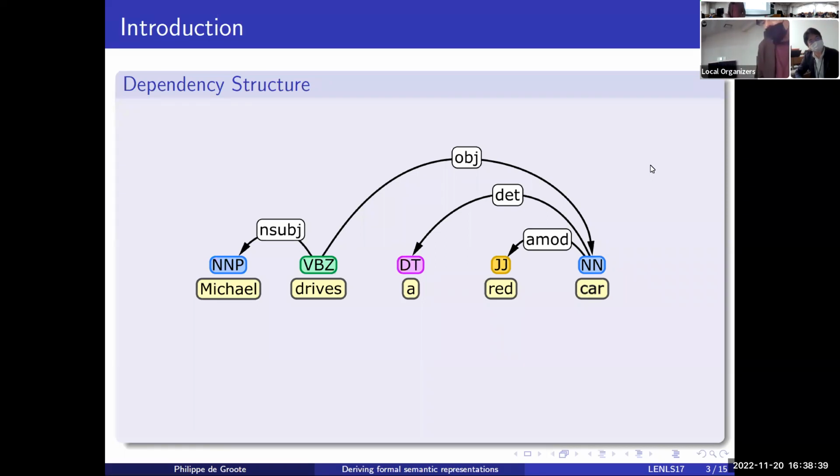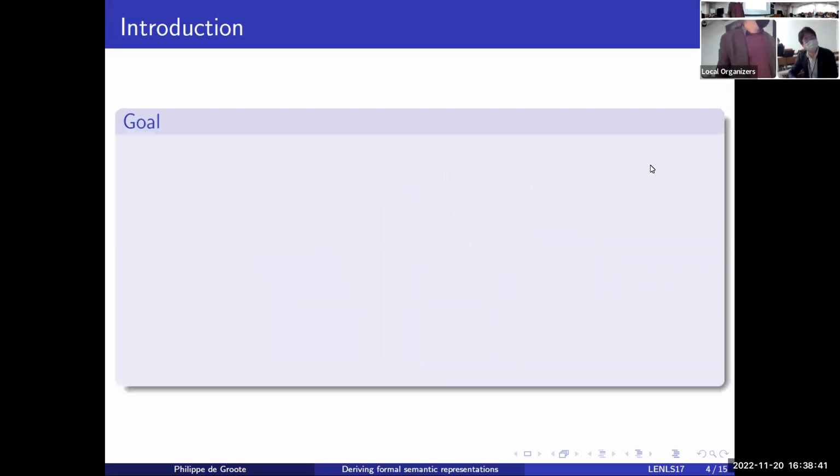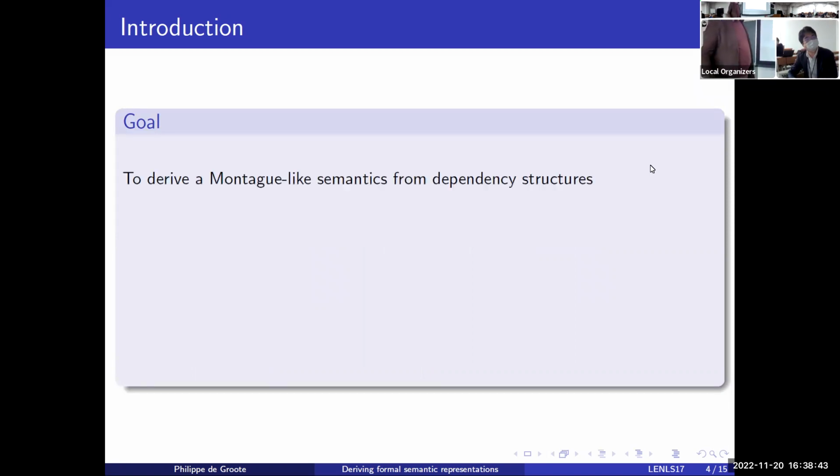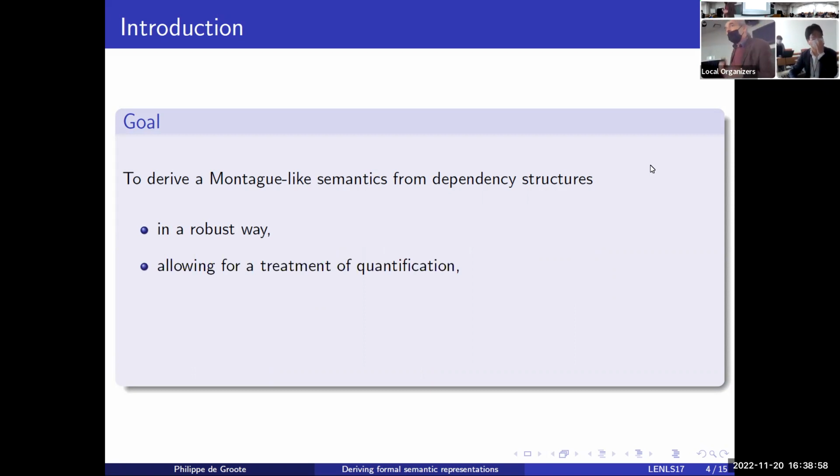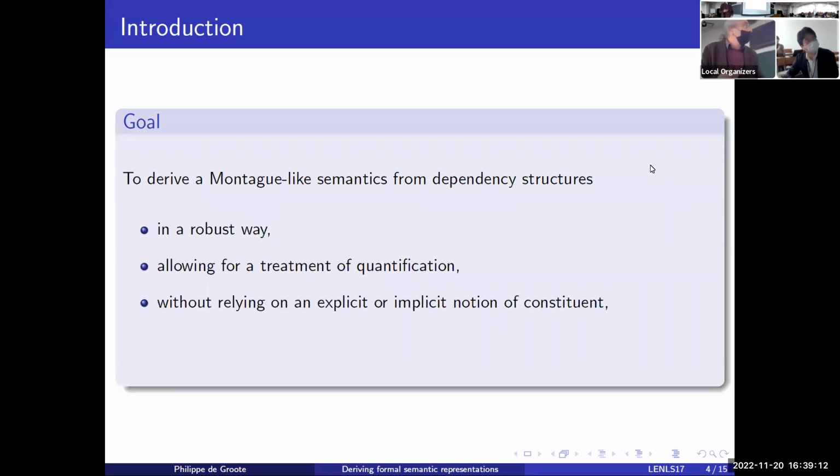So the goal, therefore, is to derive, as I said, Montague-like semantics for dependency structures, but in a robust way, in the sense that it would apply to partial structures, allowing a treatment of quantification, which I have not seen in other approaches to a Montague-like semantics for dependency structures.